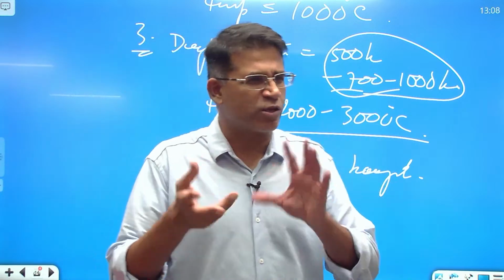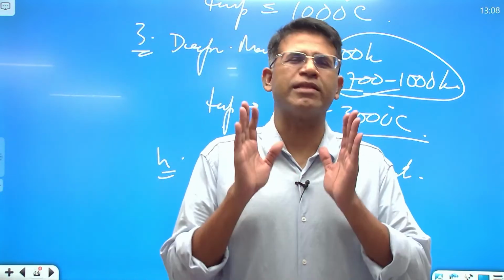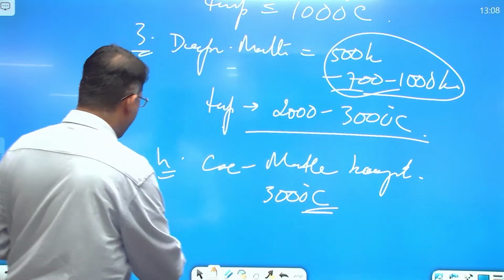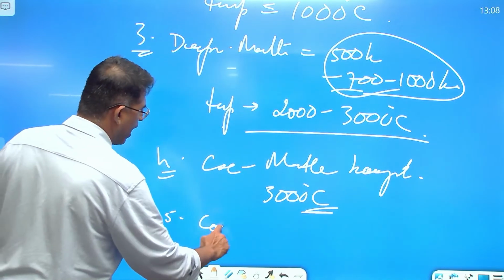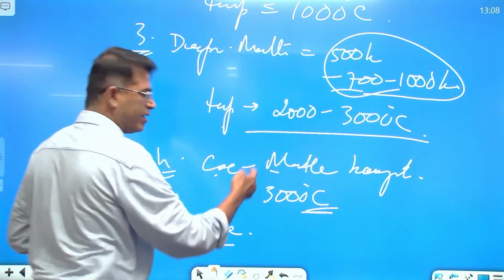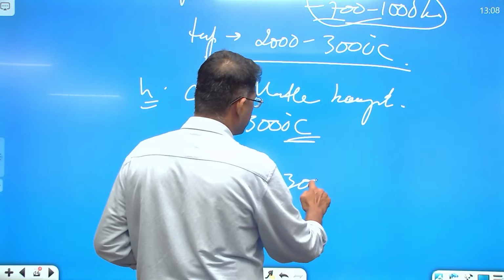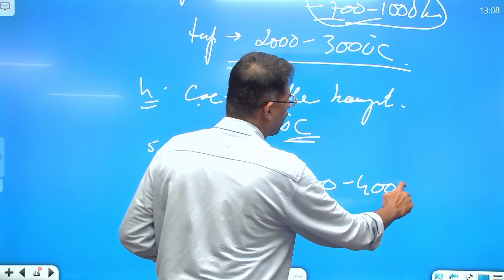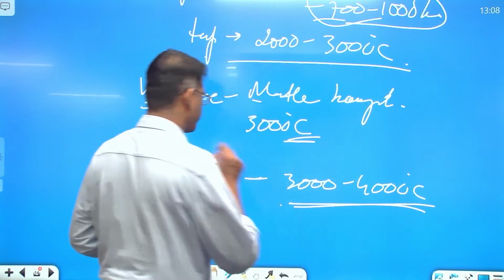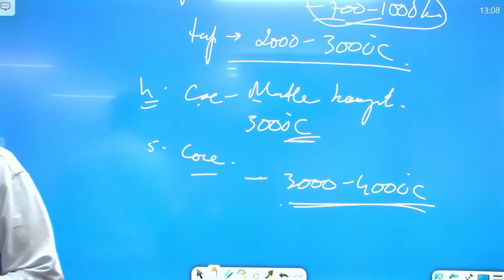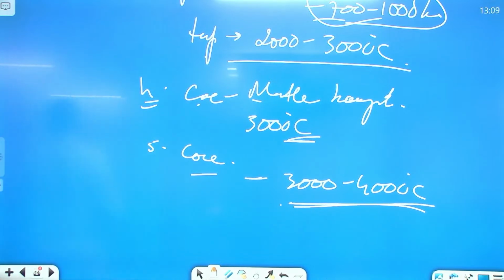I round this off for convenience ताकि आपको याद रहे. And at the core, beyond the core mantle boundary, the temperatures can be around 3000 to 4000 degrees centigrade.